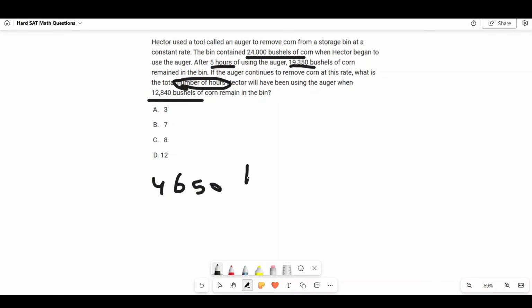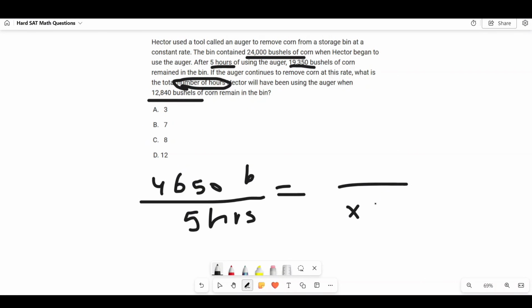I'll just use B for bushels over 5 hours. And then I'm going to set that equal to x hours on the bottom because that's what we're solving for. And 24,000 bushels minus this 12,840 means that we used 11,160 bushels on the right side.